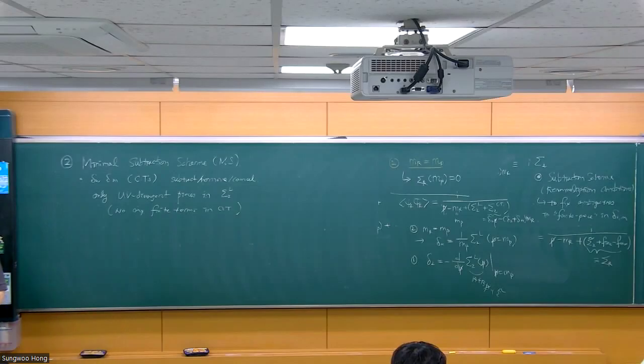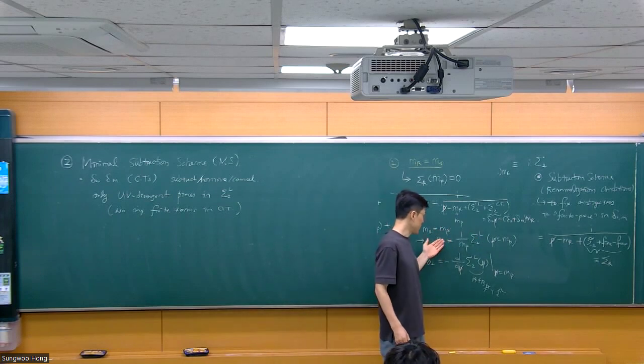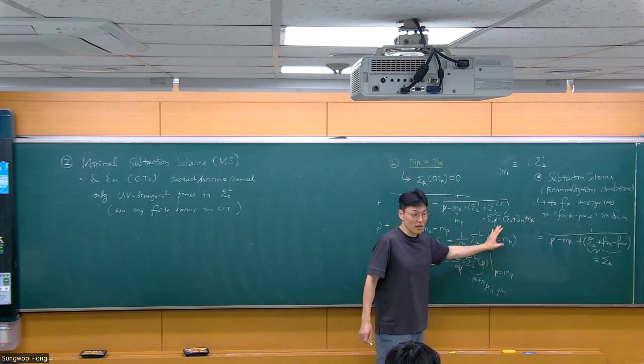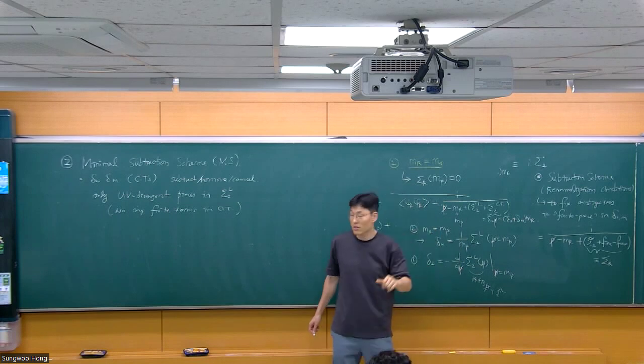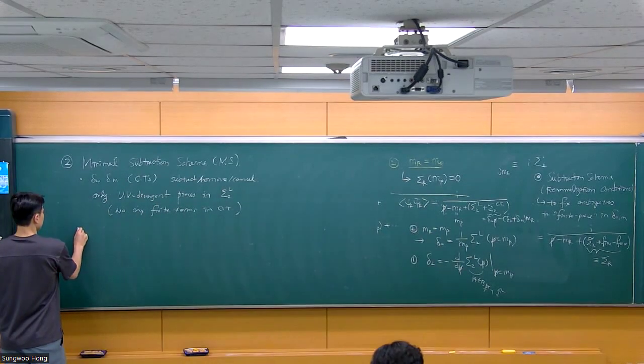Okay, so probably it is better to actually see the explicit expression to see how this works. We must be clear. Whatever divergence you see here, just now don't drop all the finite pieces. That's what it means. So there is also a variant of this.